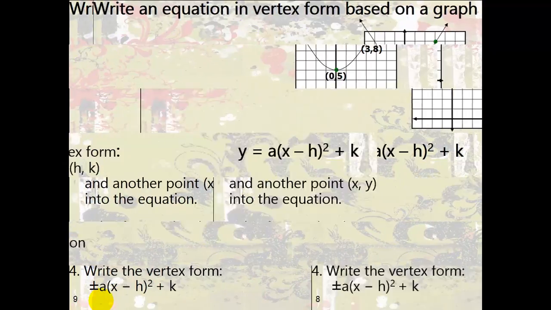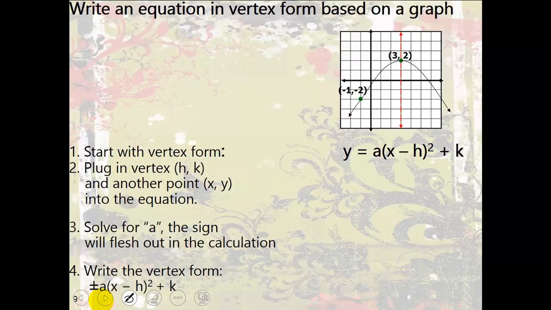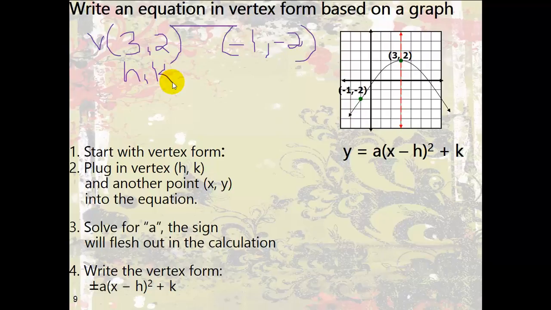All right, why don't you try this one on your own and see if you can get it to come out. I'm going to identify my vertex and my point. This is h, this is k, this is x, this is y.